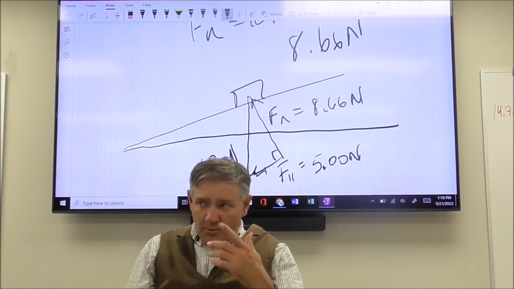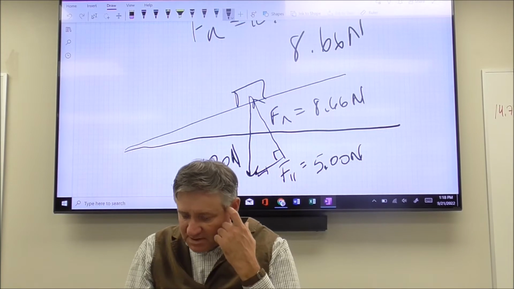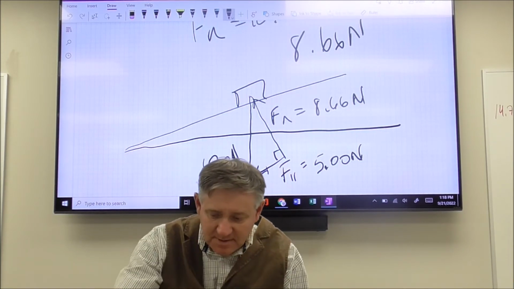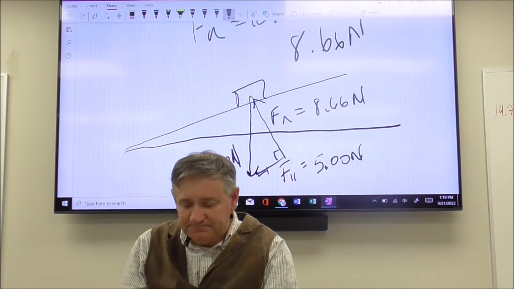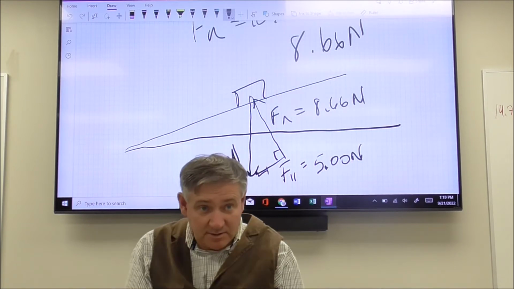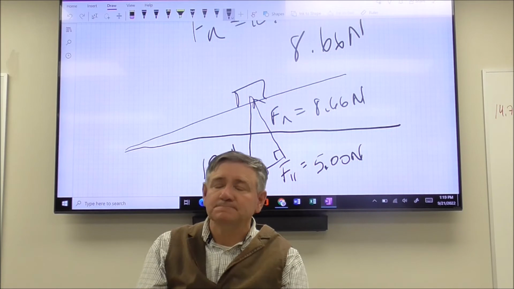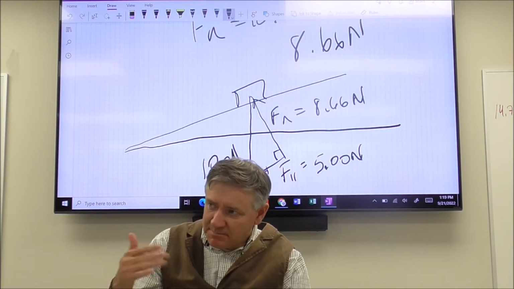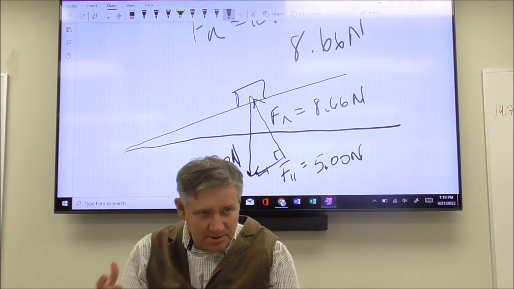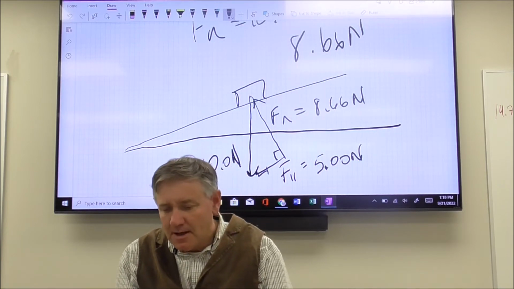Now, at this point, let's make a couple of observations. So if I set this thing at a 30-degree angle and let go of it, it's clearly going to accelerate, right? Okay? It's going to accelerate. So that means it's an imbalanced force because I'm going to create an acceleration, right?